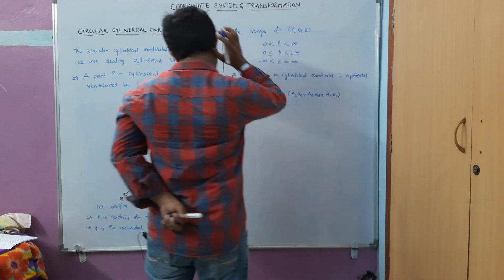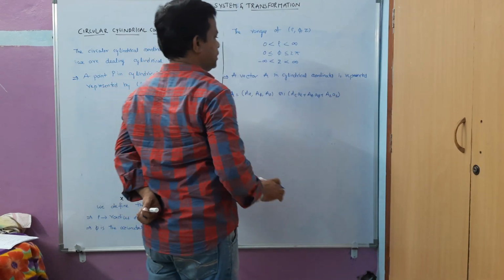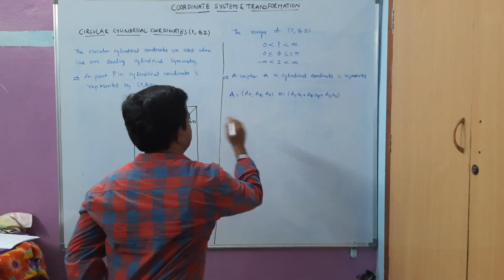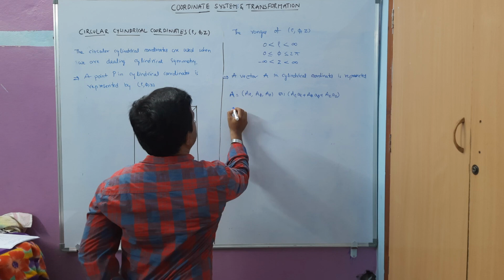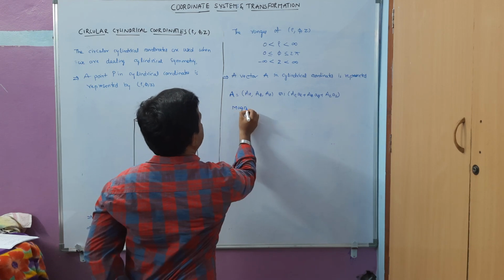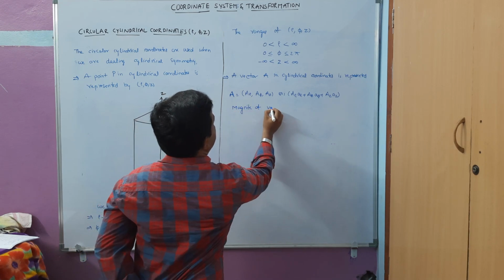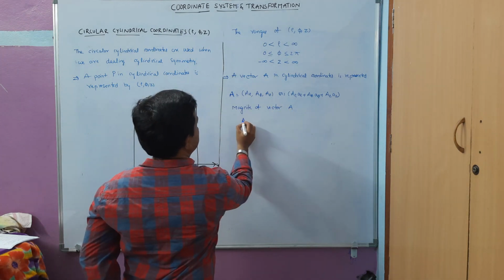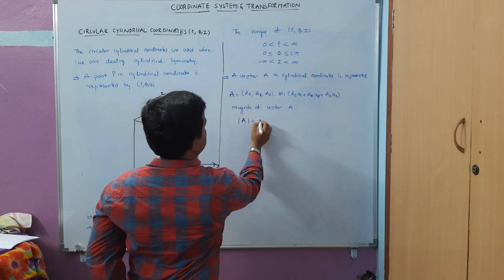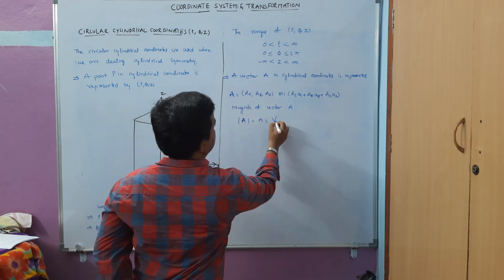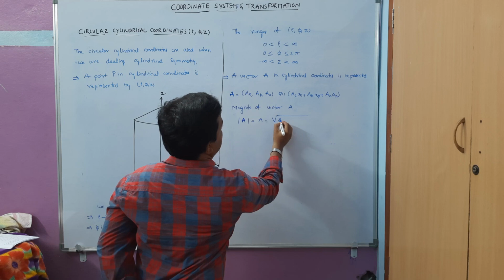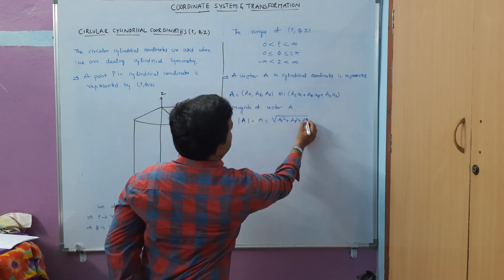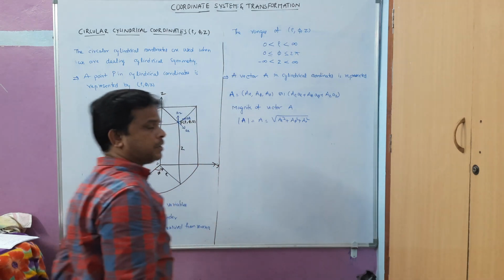Okay, so this is the notation of the vector here, and similarly I can write the magnitude of vector A like this. A is equal to square root of A rho square plus A phi square plus A z square.